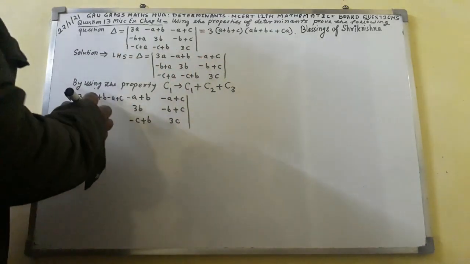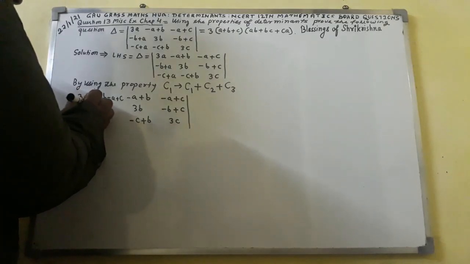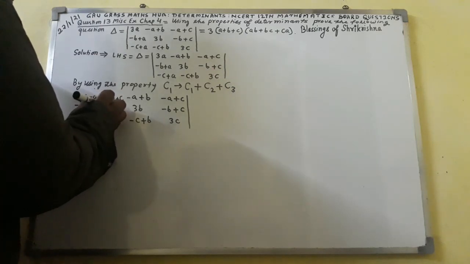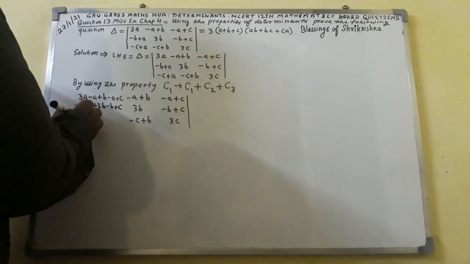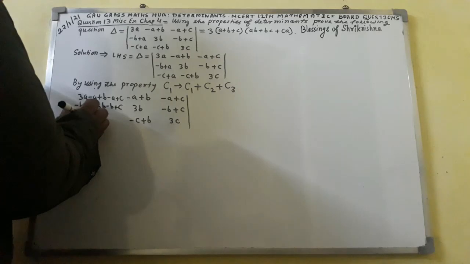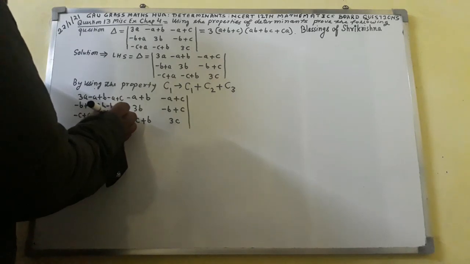So here I shall write minus b plus a plus 3b minus b plus c. Here write minus c plus a minus c plus b plus 3c.